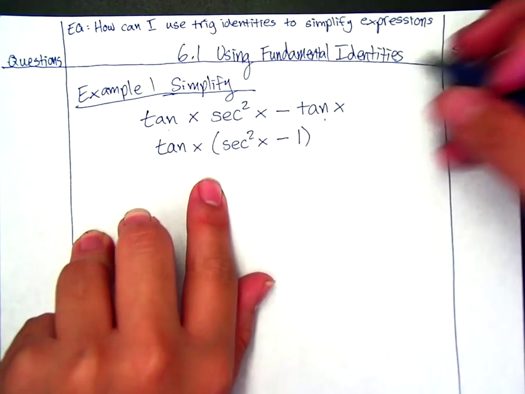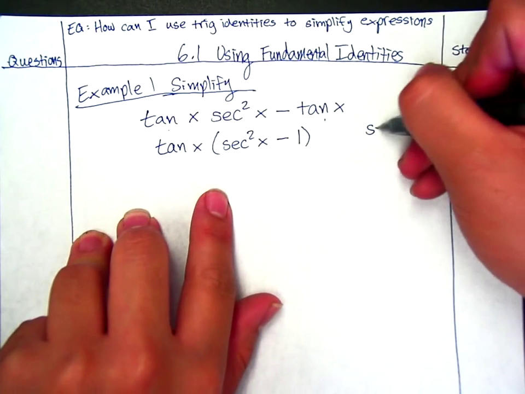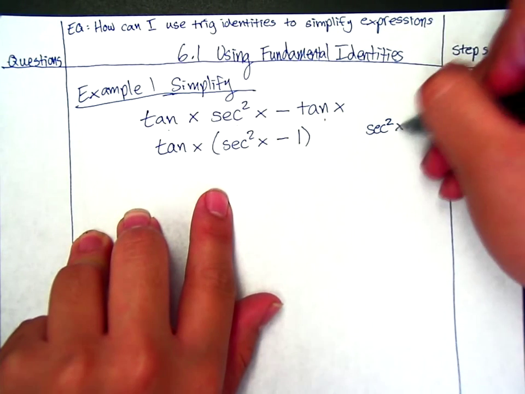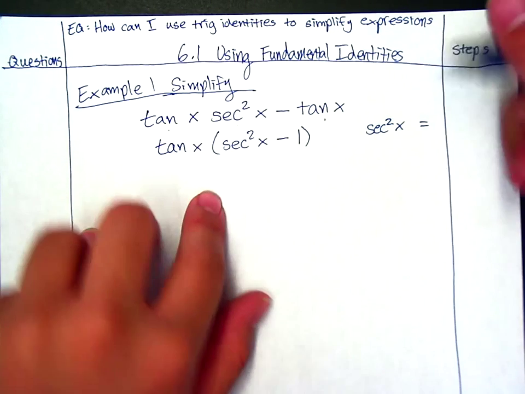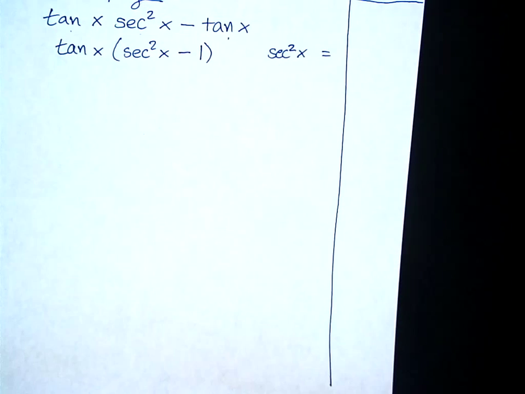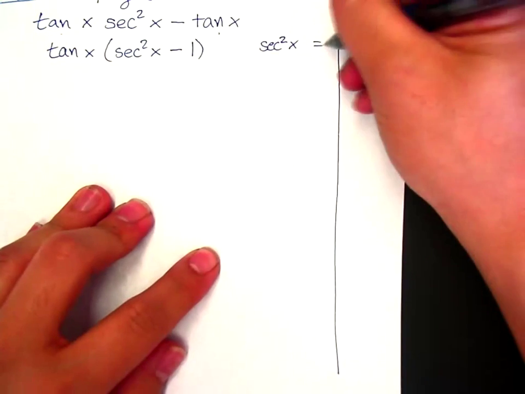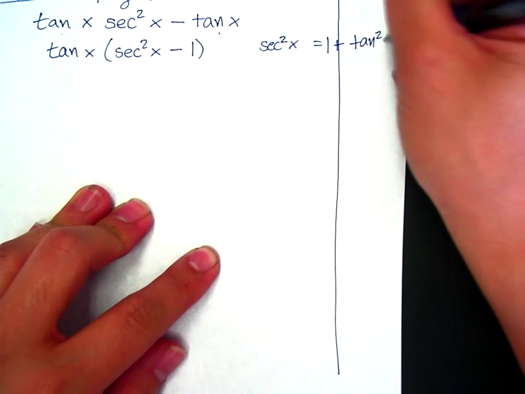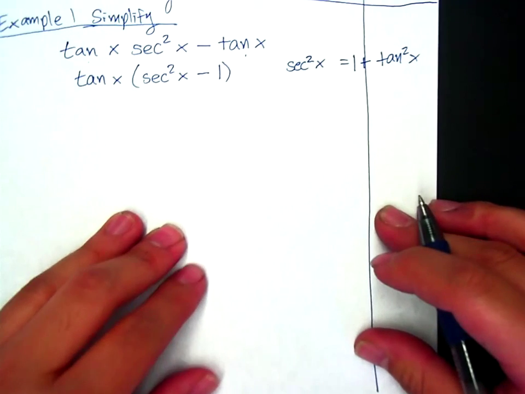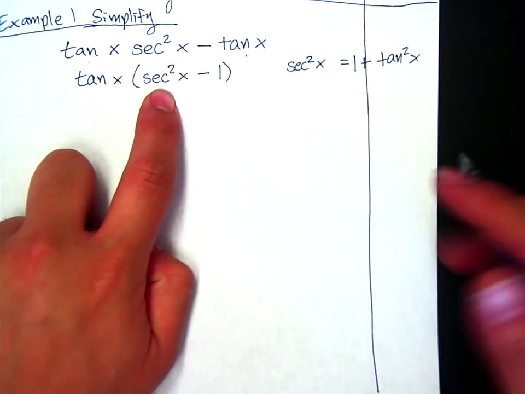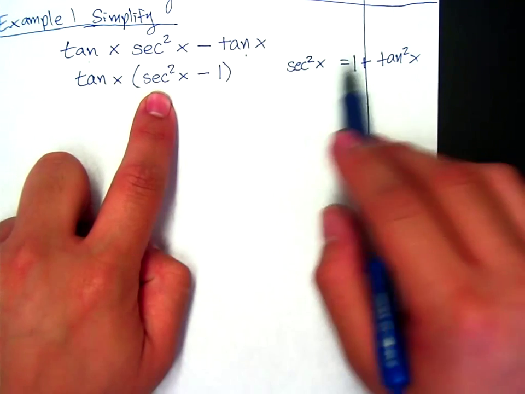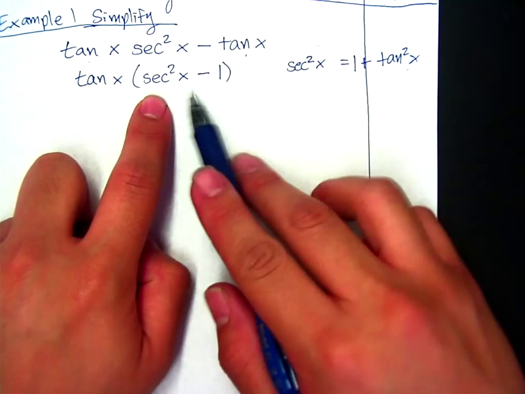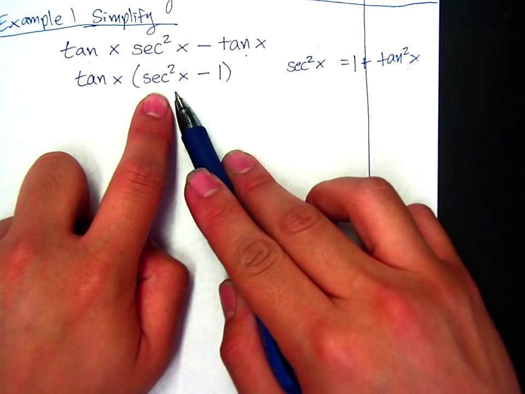And what we know is that secant squared x is equal to, let me get the exact one for you guys, secant squared x is equal to 1 plus tangent squared x. So right here I'm trying to look, is there any way I could manipulate this identity to somehow reflect what we have here?